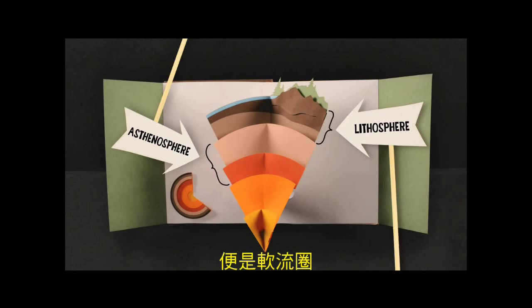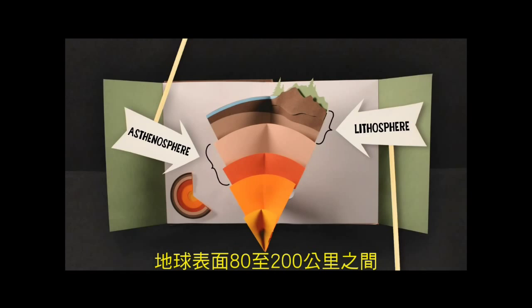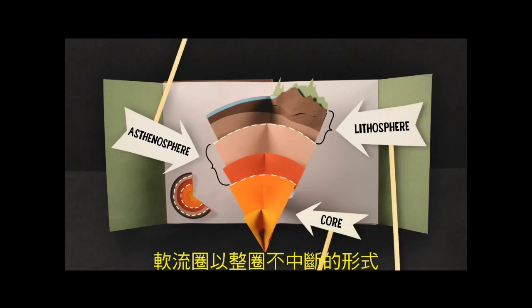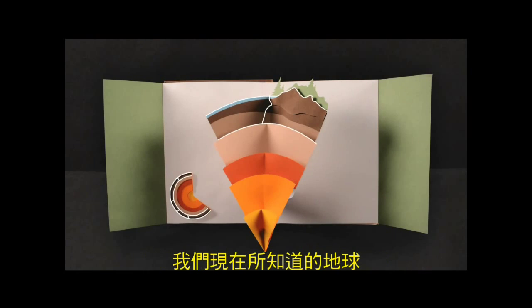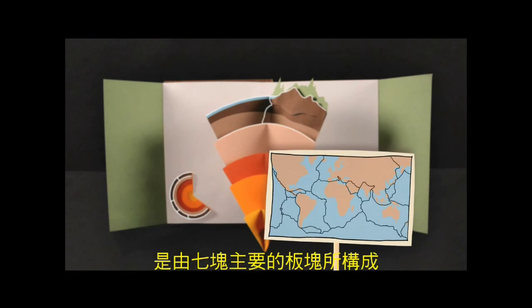The lithosphere, which includes the crust and uppermost mantle, comprises the land around you. Beneath the lithosphere is the asthenosphere, the highly viscous but solid rock portion of the upper mantle. It's between 80 and 200 kilometers below the Earth's surface. While the asthenosphere wraps around the Earth's core as one connected region, the lithosphere is separated on top into tectonic plates. There are 7 primary tectonic plates that compose the shape of the planet we know today.